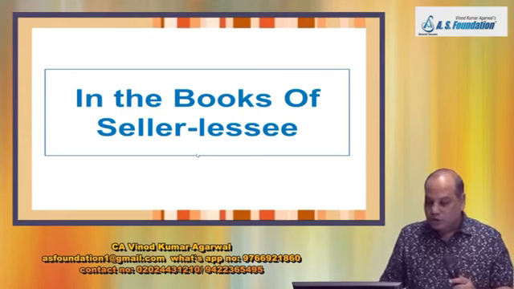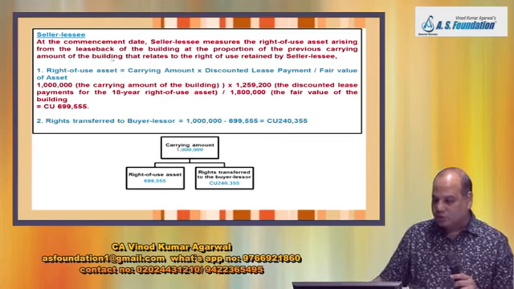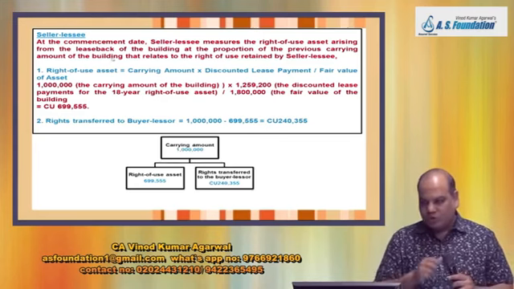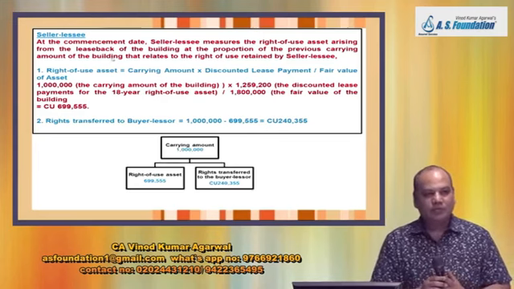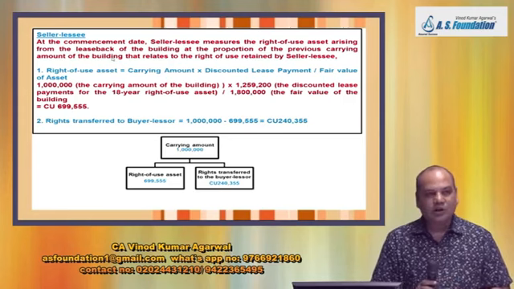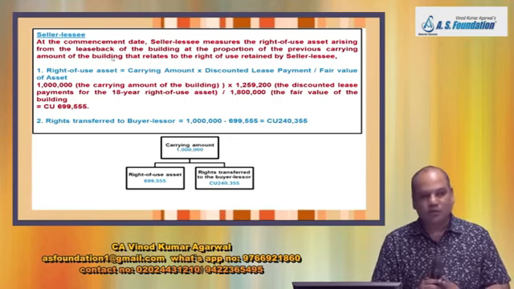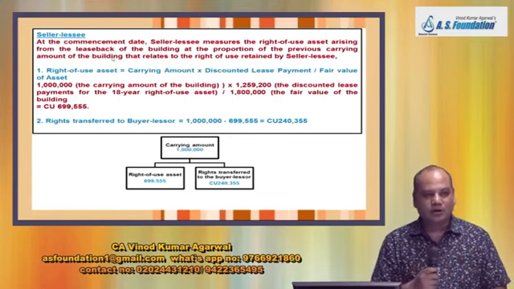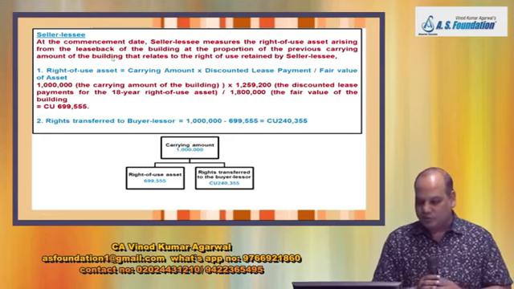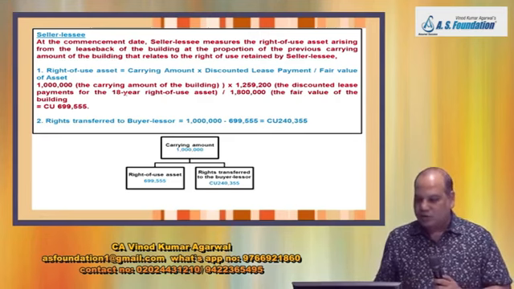Okay. Now in the books of lessee, what I'll do, on the commencement date, I have to calculate the right of use asset. I have to calculate right of use asset and I have to calculate the right transferred to the buyer. So you see on the screen how much right of use asset I have retained.